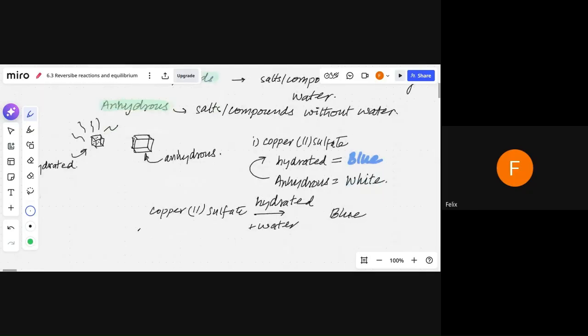And this is when we heat it, so anhydrous. So when we heat it, it changes into white color.